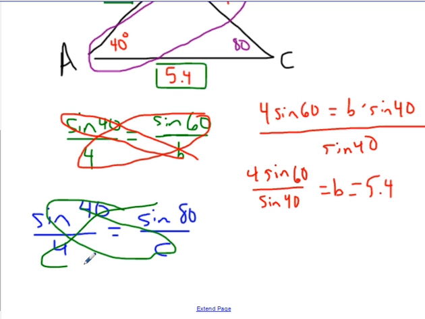So we're cross multiplying, and you'll end up with C times the sine of 40 equals 4 times the sine of 80.